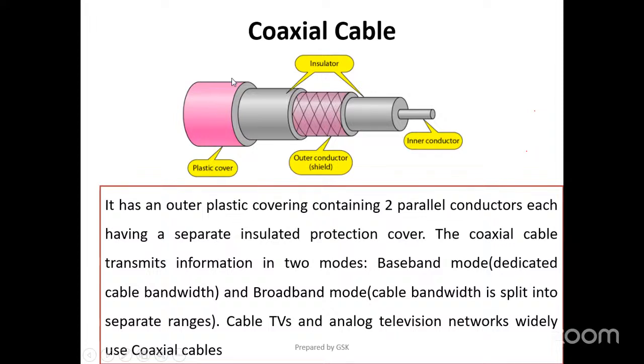Generally, you can observe this type of coaxial cable in TV connections, dish TV connections. If you have any cable TV connection for televisions, you can observe that generally it is black in color. That cable is coaxial cable.